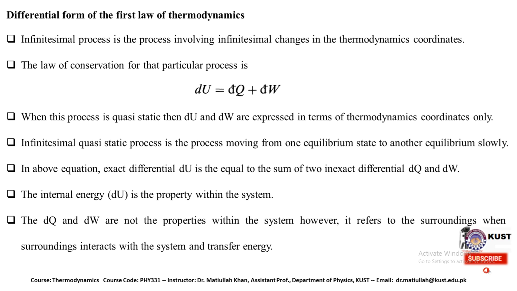The quantities dU and dW are actually expressed in terms of thermodynamic coordinates only. If we consider the process to be a quasi-static infinitesimal process, it is a process moving from one equilibrium state to another equilibrium state slowly.